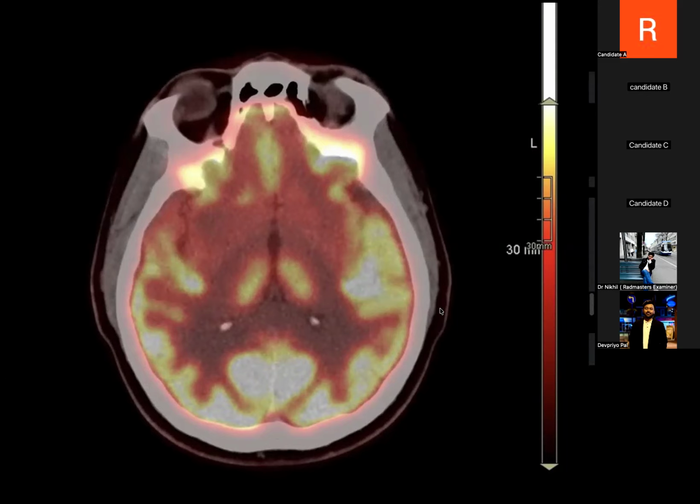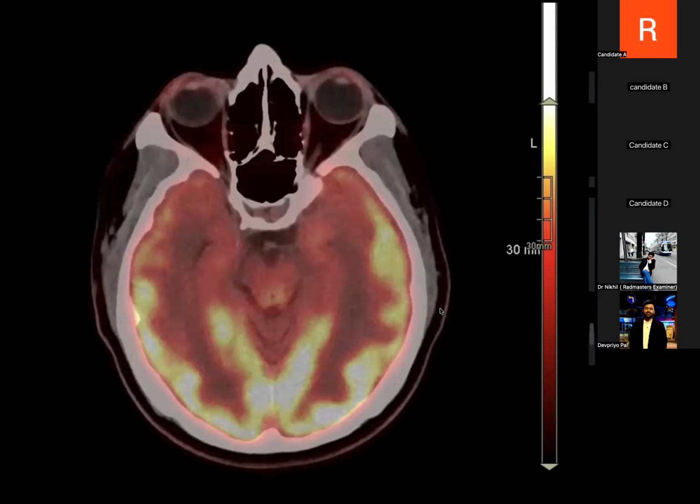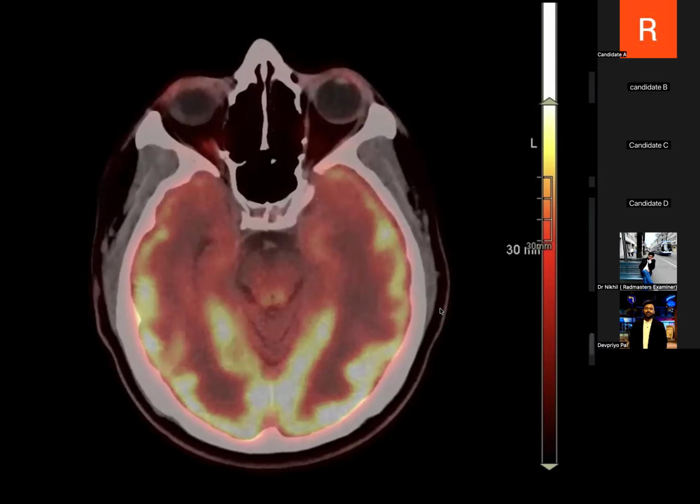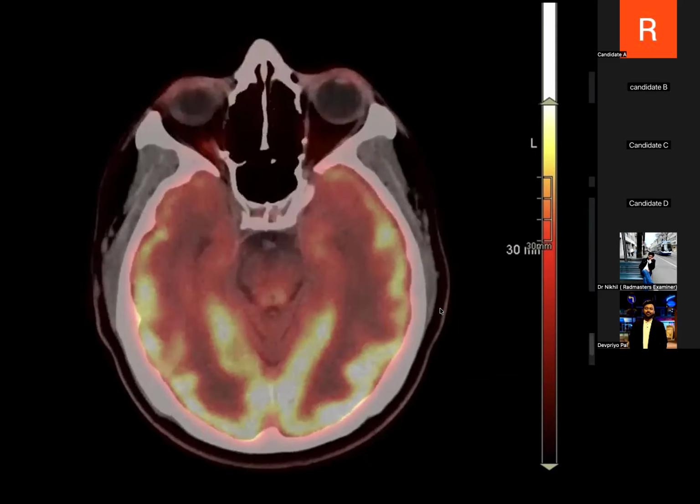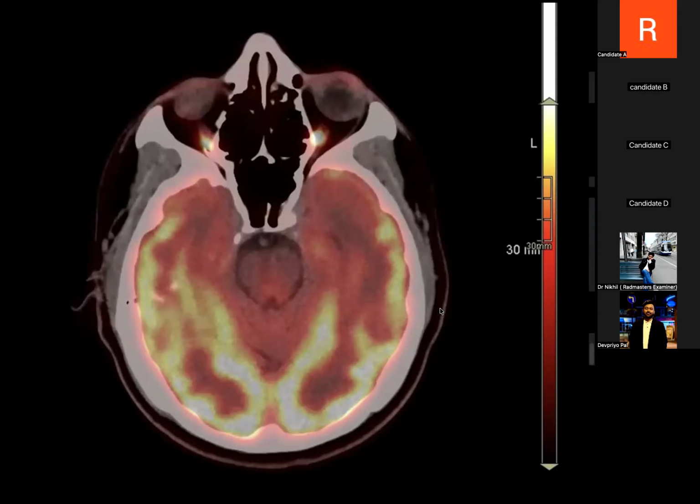Bright signal means there is increased uptake in these areas. And what does increased uptake mean? Increased uptake in the brain means it is normal uptake, or metabolism in other words. Yeah, metabolism. Right. So now, what abnormality are you seeing in this? There is a photopenic area, reduced uptake, involving the anterior part of the temporal lobes.